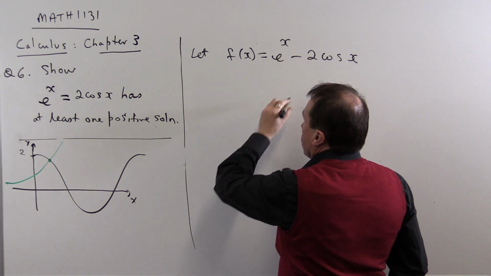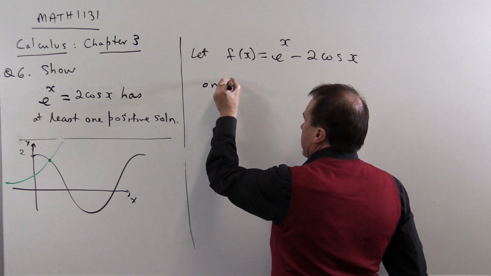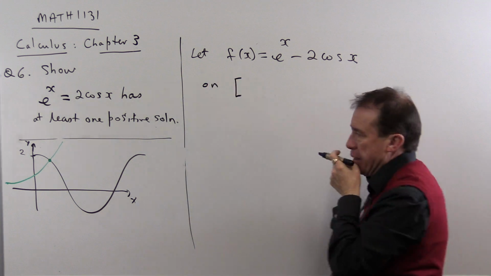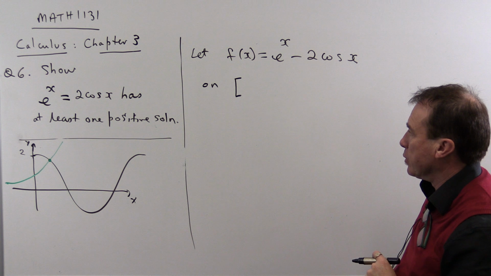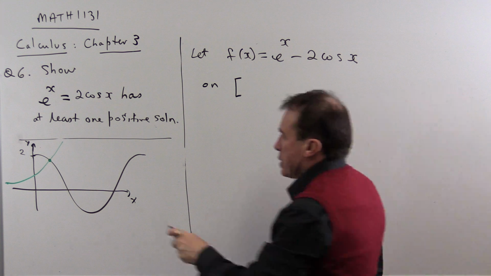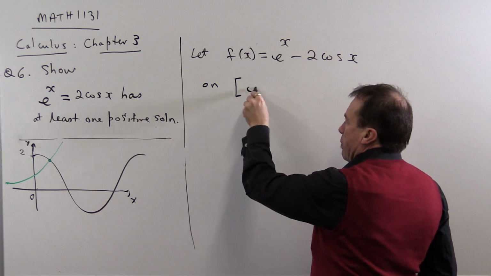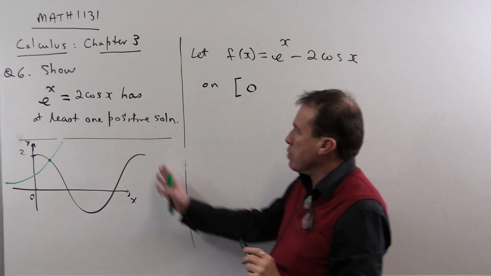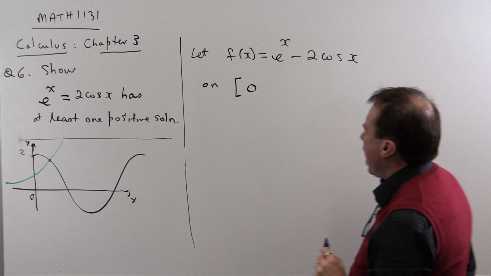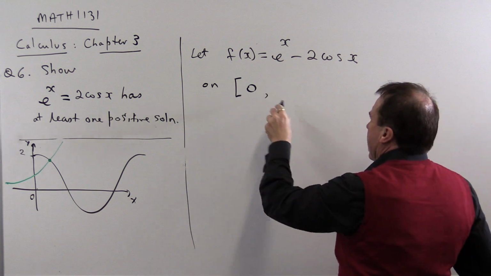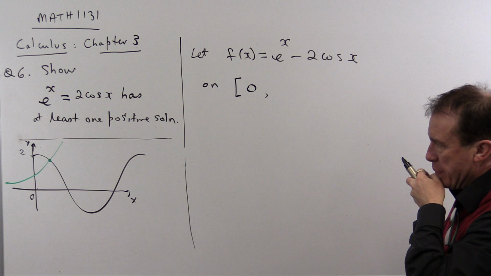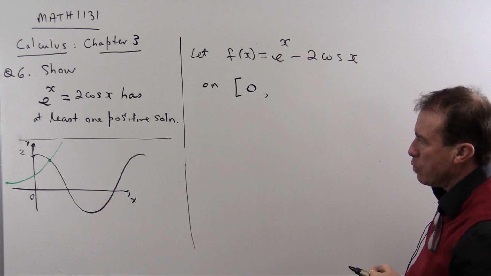To apply the intermediate value theorem, I need an interval. Obviously I'm going to choose 0 as the left-hand point of my interval, because I'm only interested in x positive. And I want another point that's easy to work with.